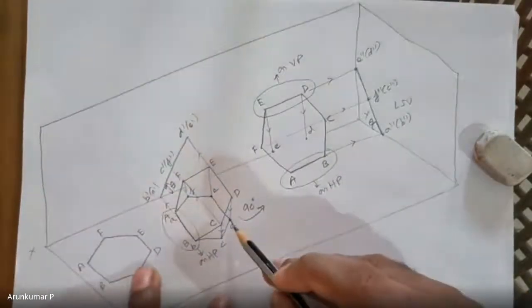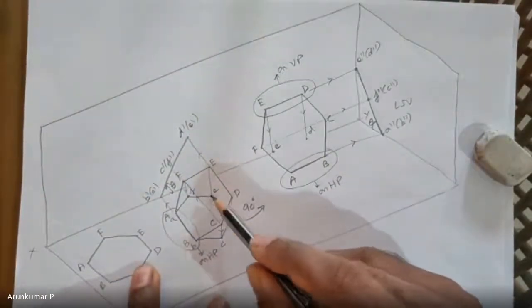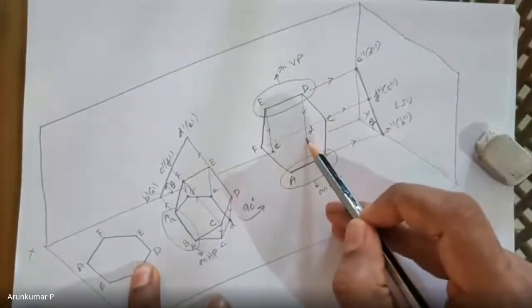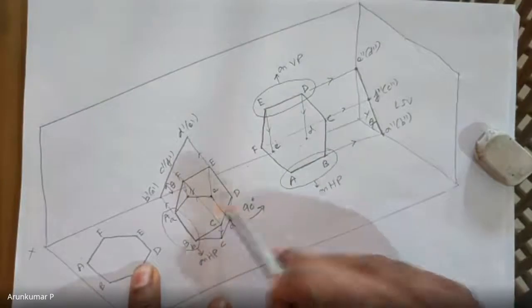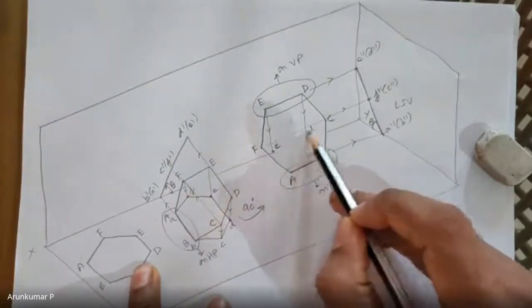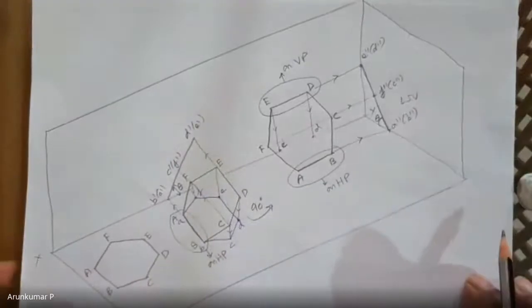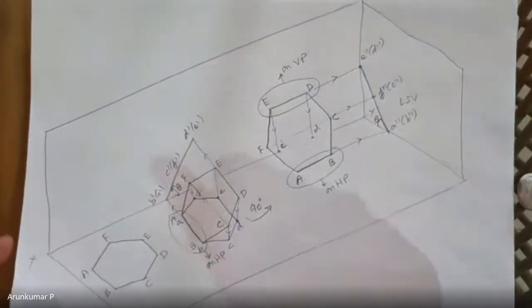So what you do is this d and this e in the second step top view, you have to orient it and bring it here. So you have to put d and e on XY line. This is how you should proceed.